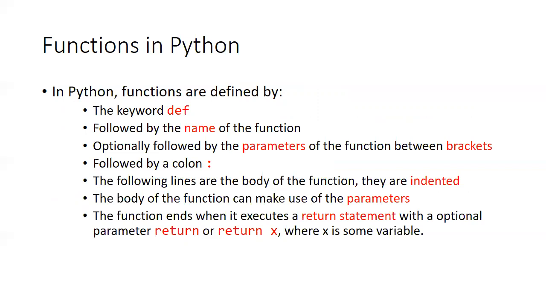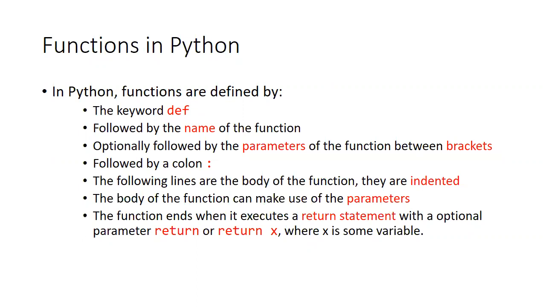Now, when we create a function in pseudocode, we have another slide on that a bit later here, but we use a function word. In Python, we use def. def is a reserved word in Python, and we use that followed by the name of a function that we want to create.